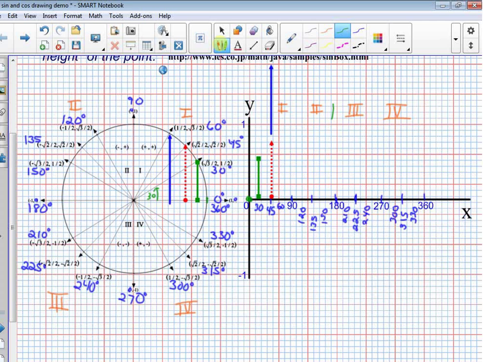Okay, now the sine of 60 degrees would be represented by radical 3 over 2. So if we had a radius of 1, radical 3 over 2 as a decimal is around 0.866. So if our unit of 1 is the length of the radius, say from here up, the sine of 60 should be about 0.866.